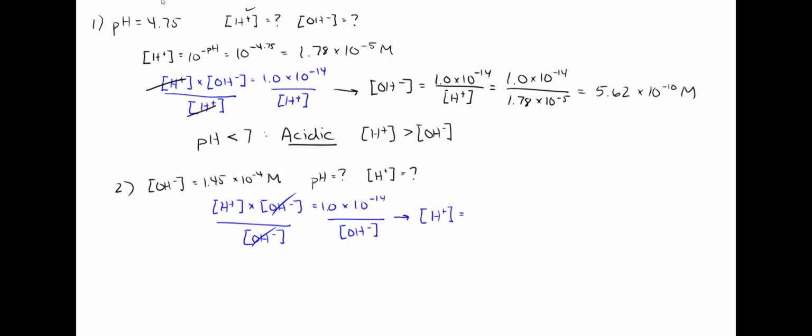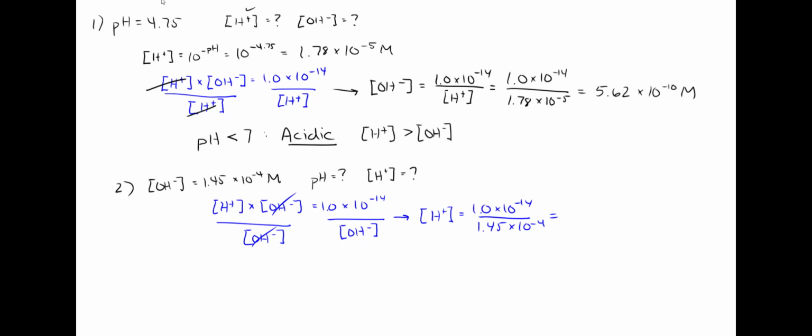And so, canceling out hydroxides on the left, the proton concentration is just going to be 1.0 times 10 to the minus 14 over the hydroxide concentration, which I'll just write here is 1.45 times 10 to the minus 4. So we have 1 times 10 to the minus 14 divided by 1.45 times 10 to the minus 4.